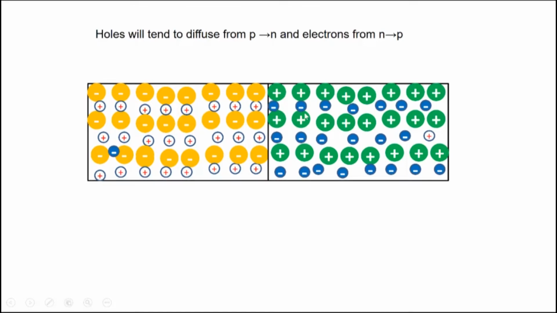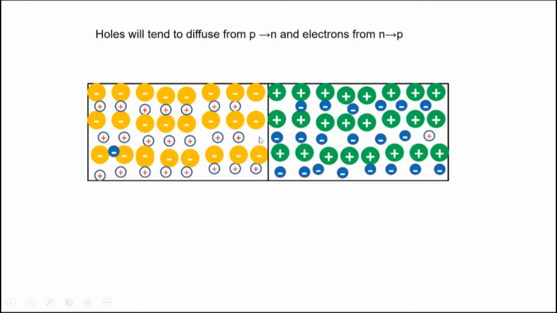But the moment this happens, this electron goes here and this one here. So an electron which was compensating this region is lost, and this region will become positively charged. A hole which was compensating the negative charge here is also lost, so this region becomes negatively charged. So the regions start getting charged up.